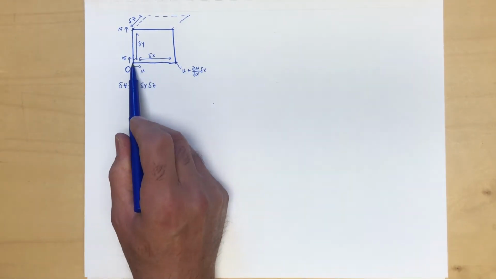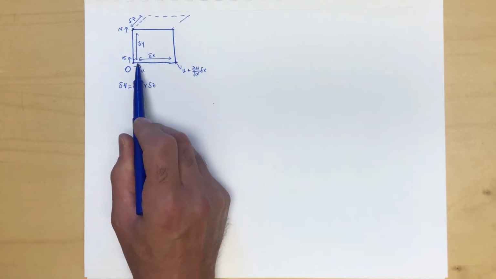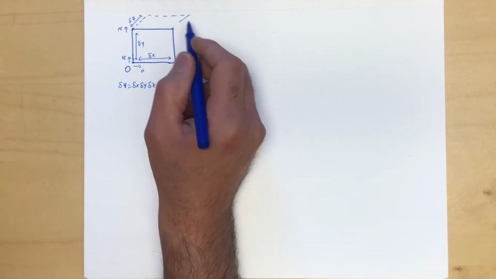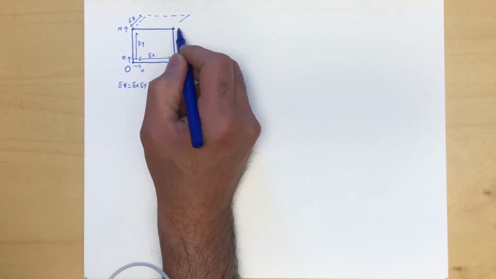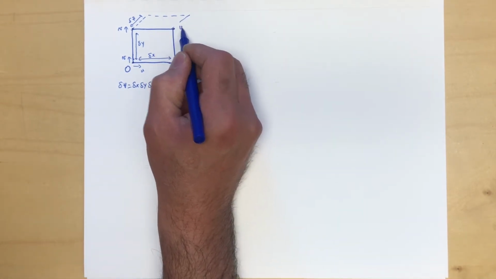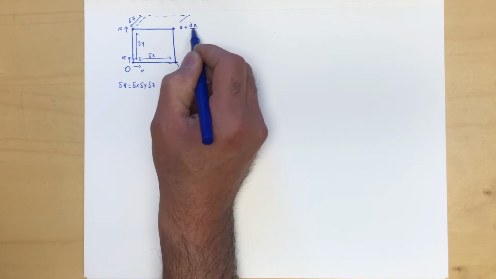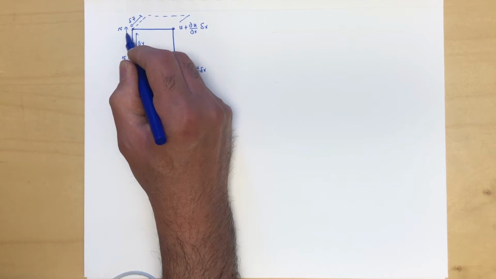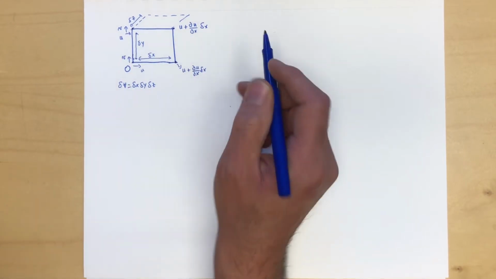This du by dx gives us the rate of change of the velocity in the x direction. Same thing over here: we're going to assume that this is also equal to u plus du by dx delta x, because we're going to assume this point 2 has an axial velocity of u.